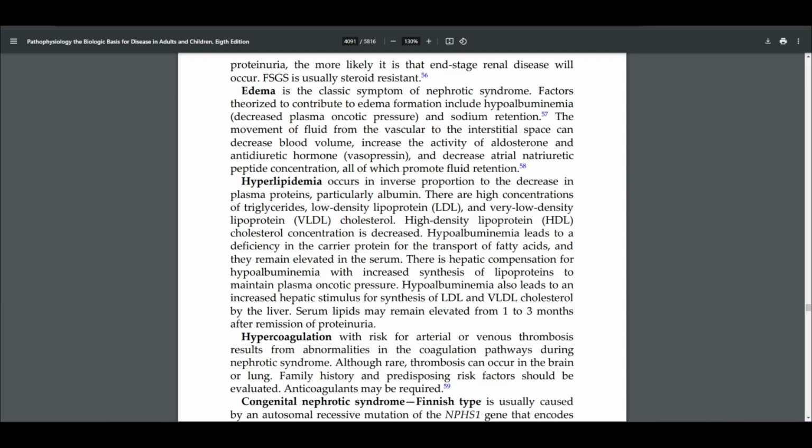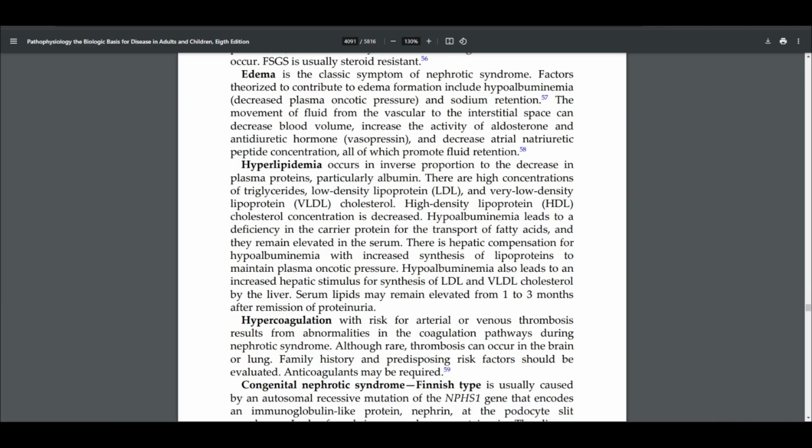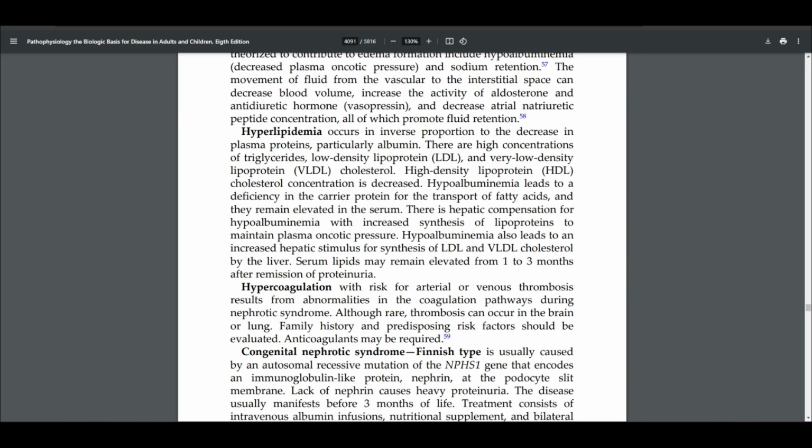Hyperlipidemia occurs in inverse proportion to the decrease in plasma protein, particularly albumin. There are high concentrations of triglycerides, low-density lipoprotein, and very low-density lipoprotein cholesterol. High-density lipoprotein cholesterol concentration is decreased. Hypoalbuminemia leads to a deficiency in the carrier protein for the transport of fatty acids, and they remain elevated in the serum.